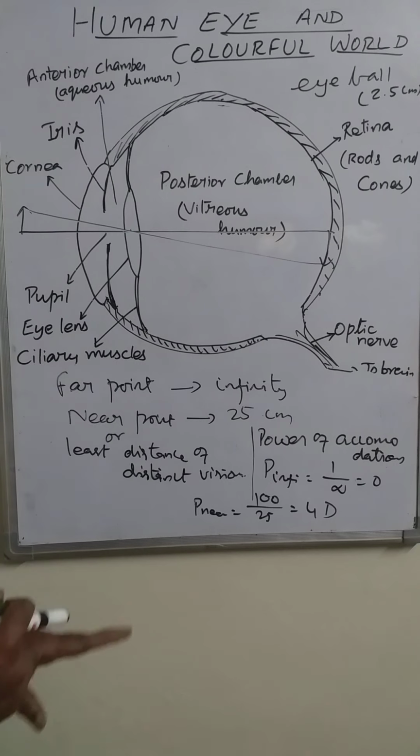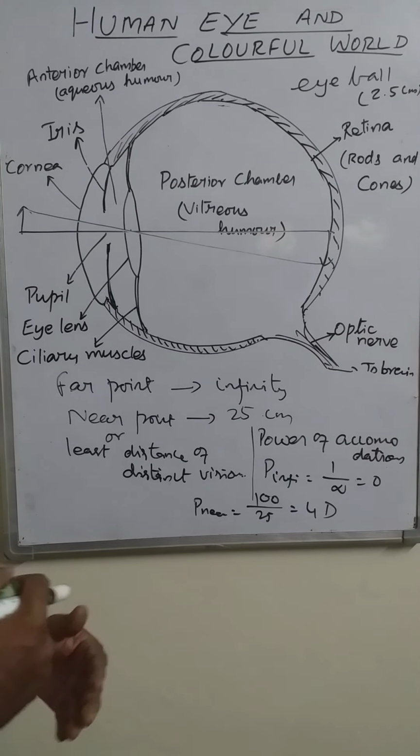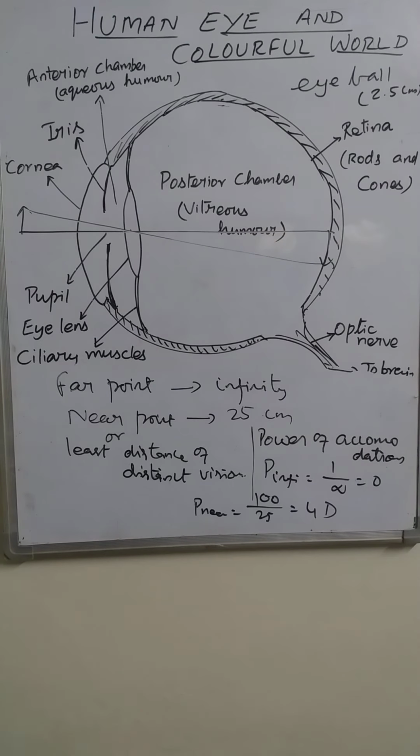Why am I repeating? Because next we will discuss the defected eye. In that case, the two things will change. Before that, we'll see some other terms. So, far point, near point, power of accommodation. These are the terms.